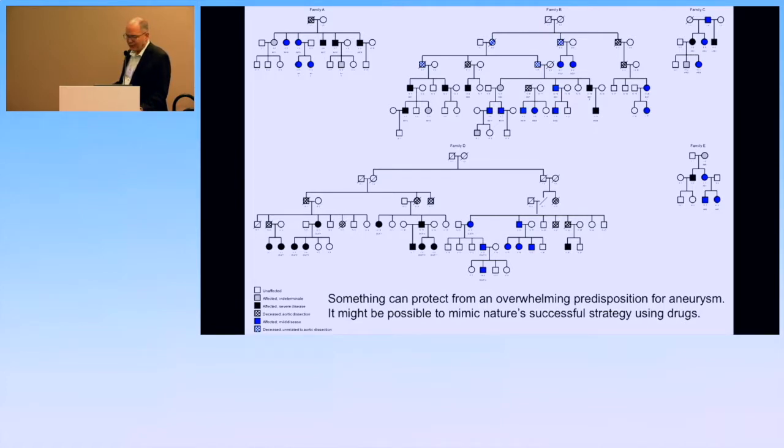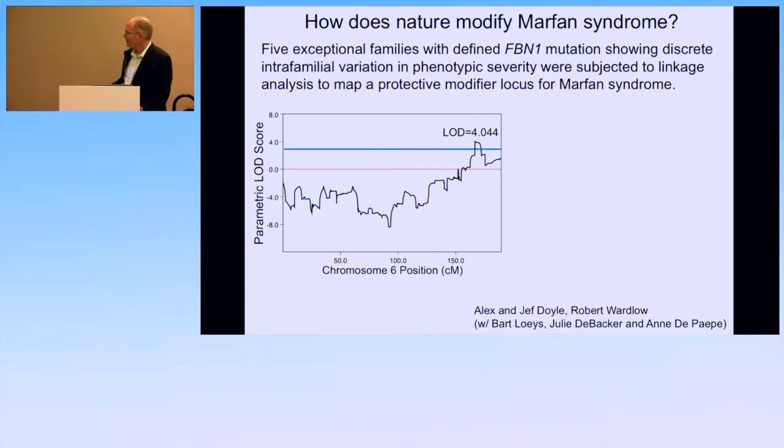So we asked, is there a way that we could identify the modifier, identify the genetic strategy that's being used by nature to protect some people with Marfan syndrome, but not others, despite the fact that they have the identical underlying FBN1 mutation? So in collaboration with Bart Loeys, Julie DeBacker, and Anne De Paepe, we initiated a modifier linkage study to try to identify the genomic region that has this protective variation.